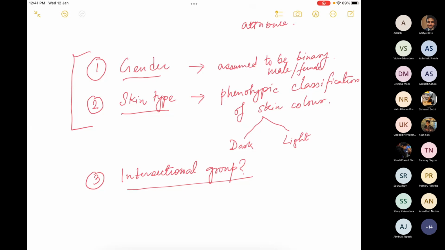In the paper it is introduced at different places, but I'm trying to organize it a little more so that it becomes easy for you to follow and remember.